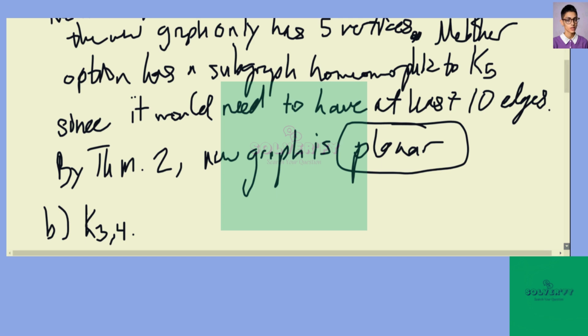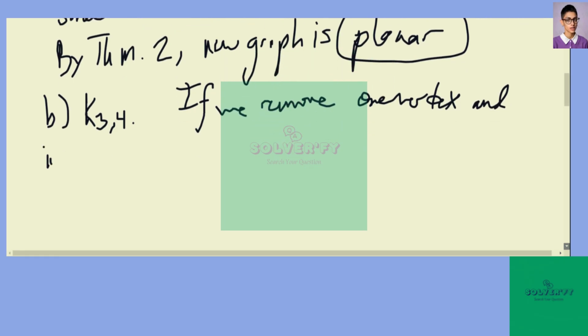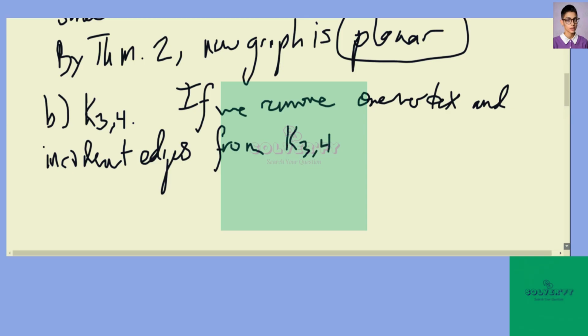So if we remove one of the vertices from K3,4 along with the incident edges, the resulting graph is going to be K3,3 or K2,4.